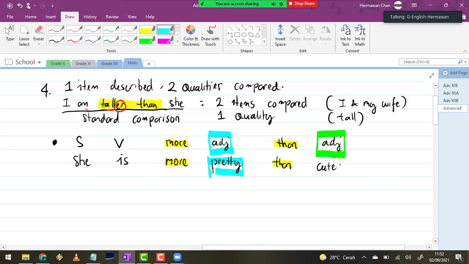Pretty is the first adjective, cute is the second adjective, the second quality. Look at the meaning. Dia lebih ke cantik daripada cute.